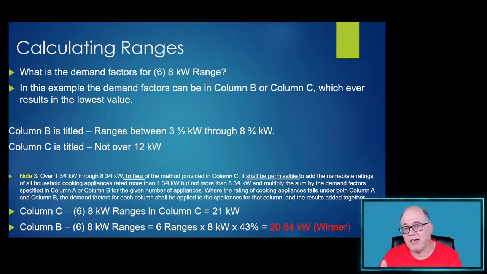I'm going to go to column C because it says, first of all, I use that in all cases. I only get to use note 3 if it's applicable. Well, obviously it's applicable because these ranges fall within column B. But we're going to look at column C first, because I don't want you thinking that column C is better than column B in all cases, but you've got to do the comparison just to see. So let's go to the code really quick and do that.